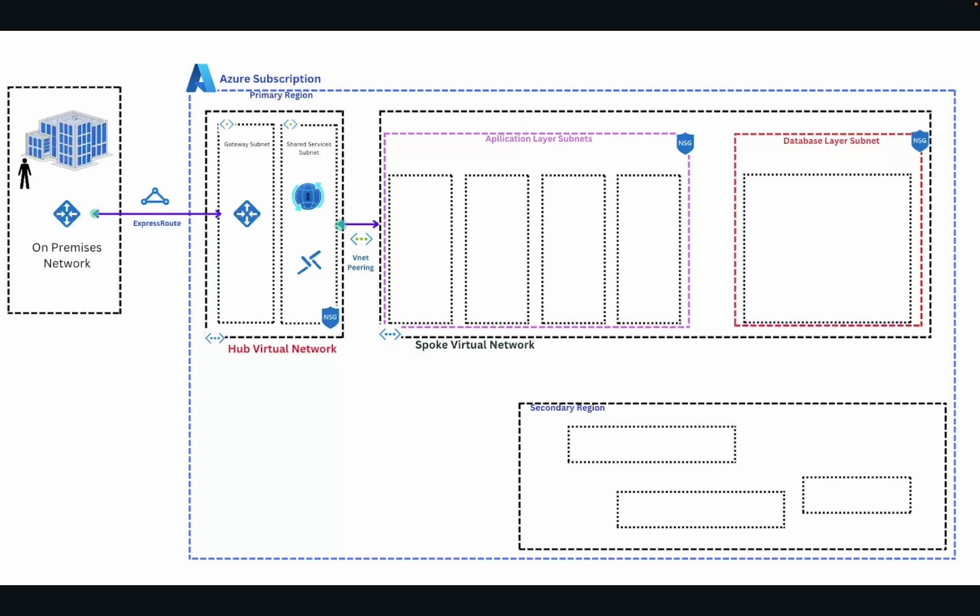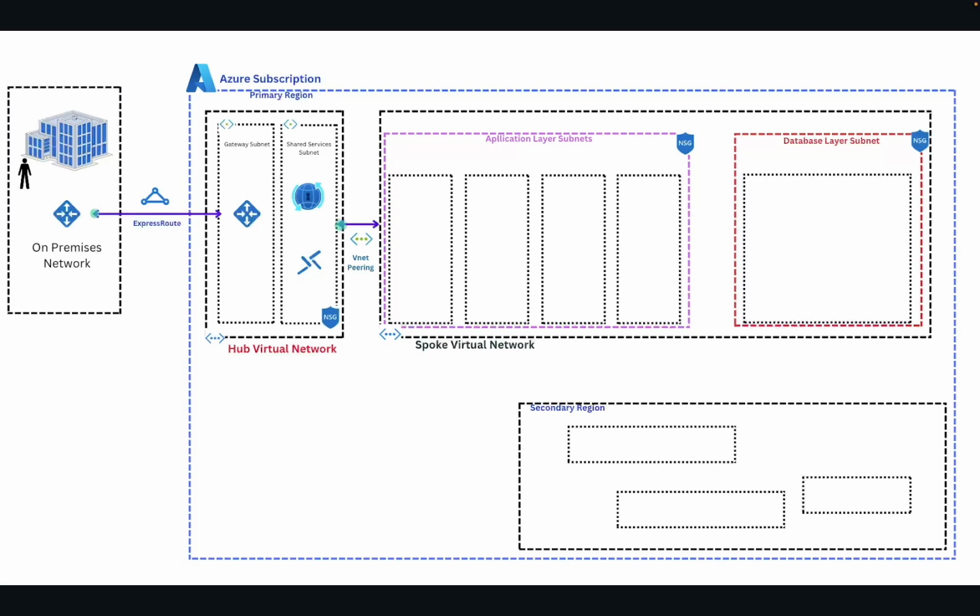Now all the traffic lands on the hub network, and this is where you would place your firewall as well, so that you can filter all the traffic which goes into the data center. When I say data center, I mean your Azure data center. Subsequent spokes will be chained to this particular hub virtual network. Hence, it will provide segmentation in the network. Segmentation is one of the important security principles of your network architecture.